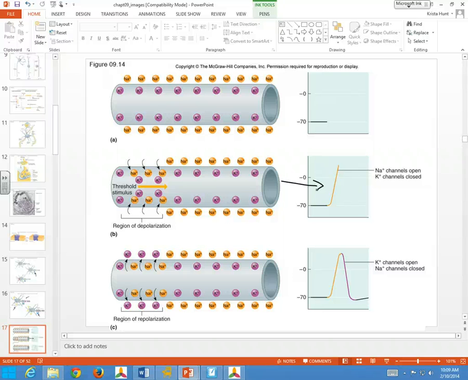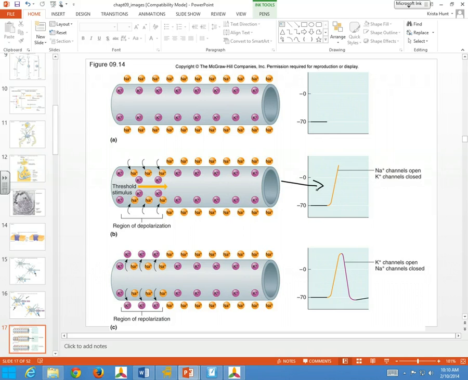That is what's causing the signal to be sent then all the way down the nerve. It'll just keep doing the same thing all the way down this nerve, depolarizing and then repolarizing. You see that it shifts them back out again so that it gets back to that resting potential, because who knows when the next signal is going to come. I need to be ready for that next signal.